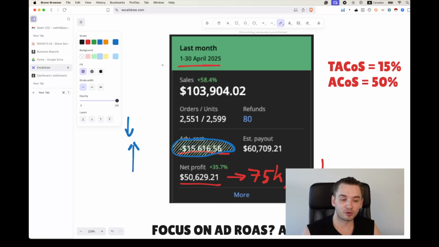With a TACOS number at an industry standard of 10-15%, you'll make a lot more profit once you target a higher TACOS, if the client is comfortable with it. I'll show you how the formula works out. Last month, April, was at 15%.